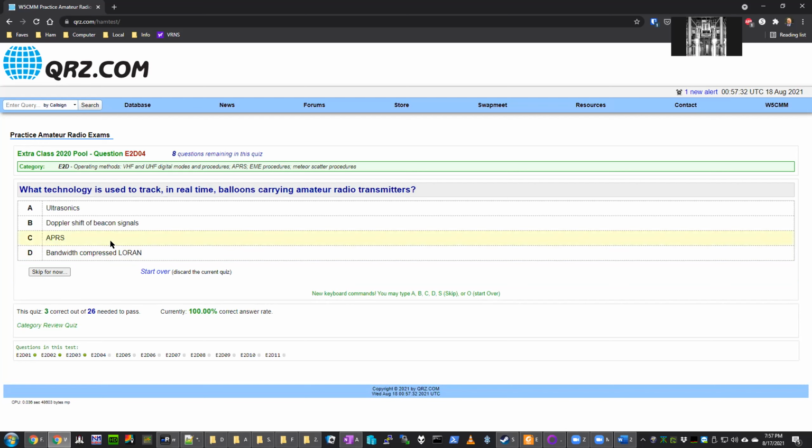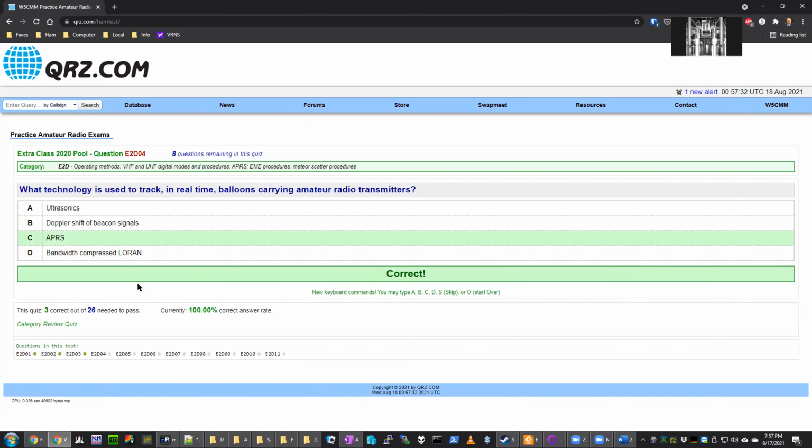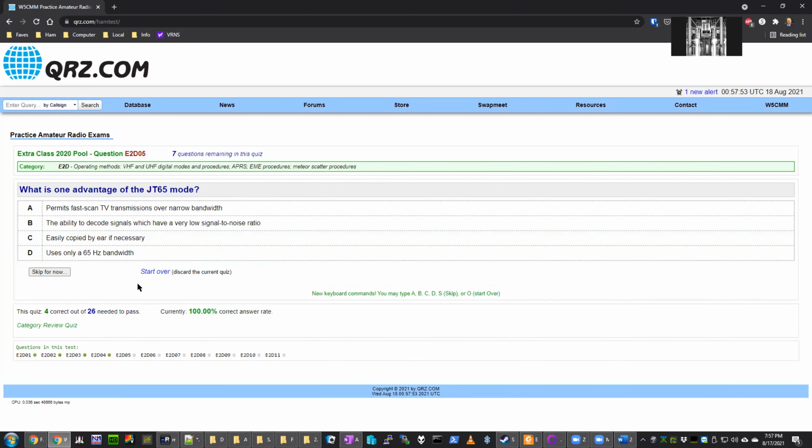C. Yeah, that's going to be C, APRS. What is one advantage of the JT65 mode? And I just gave you that answer. It's going to be B.